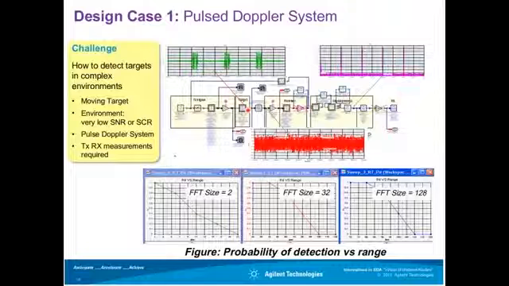At this point, we can measure the return target waveform like this. The delay reflects the target distance, and the amplitude also depends on the environment and the distance.